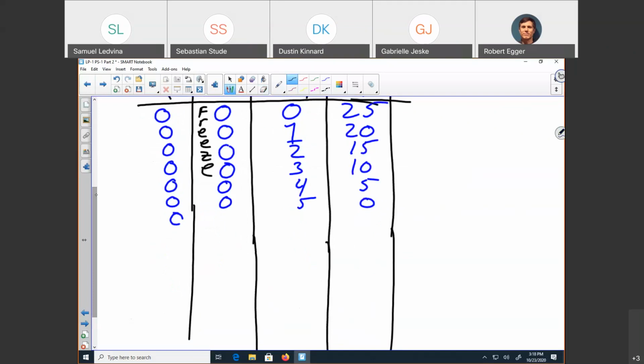Okay. Basically, I ran holding my dimes frozen at 0. I basically used up all my pennies converting to nickels. So now let's get a dime.